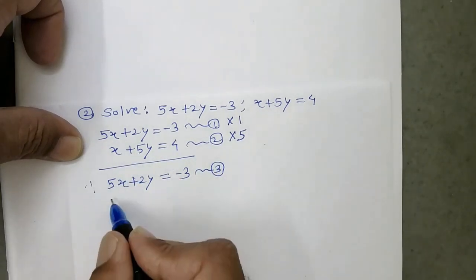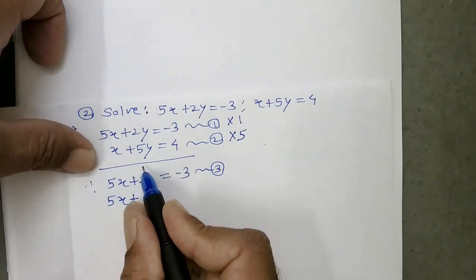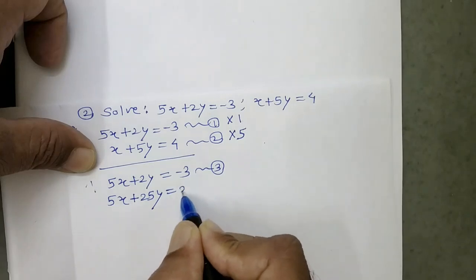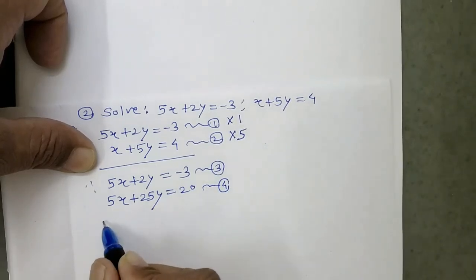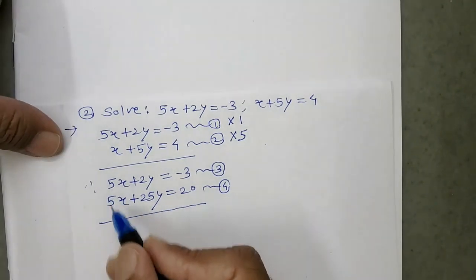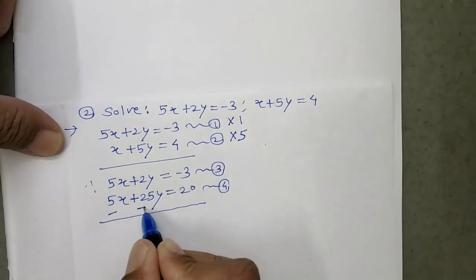Multiplying by 5, 5x plus 25y is equal to 20. Equation number 4. Now in these equations, coefficients are equal, sign is also equal, therefore taking subtraction.